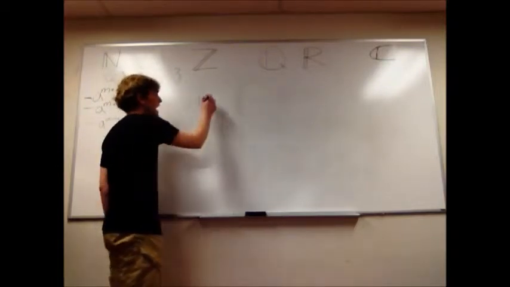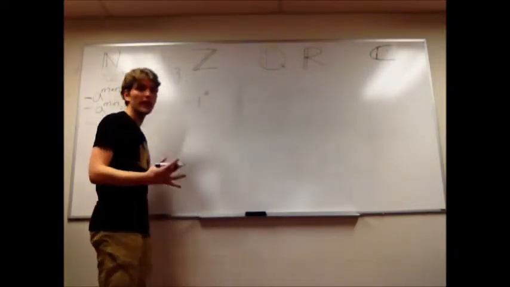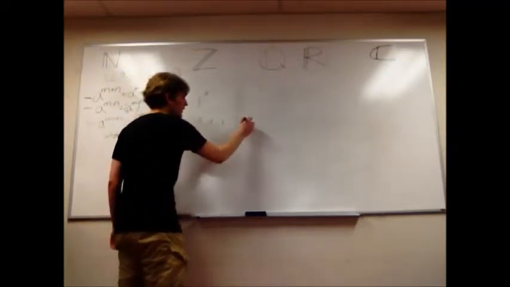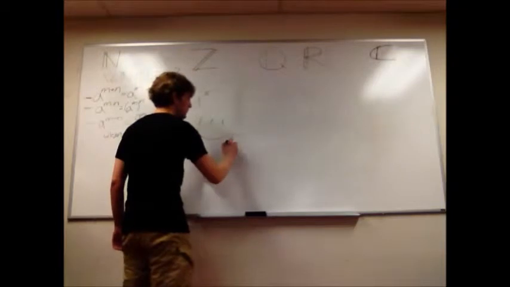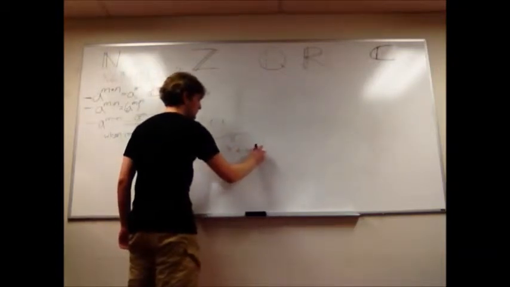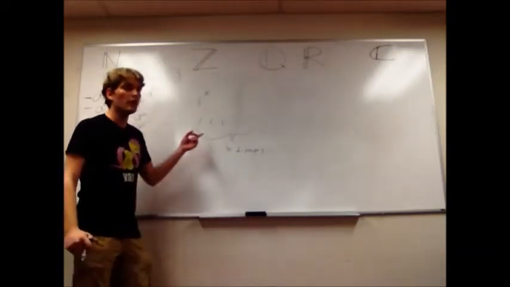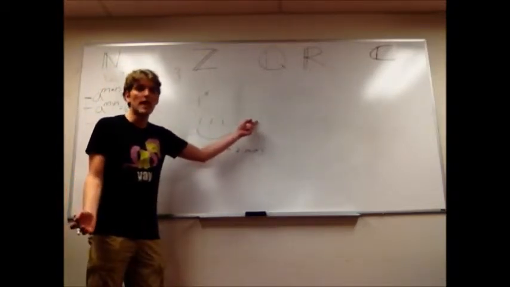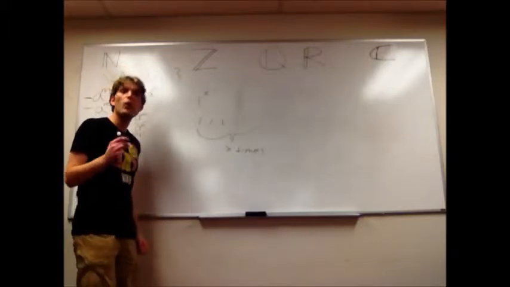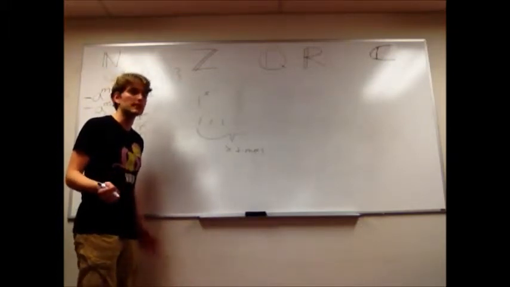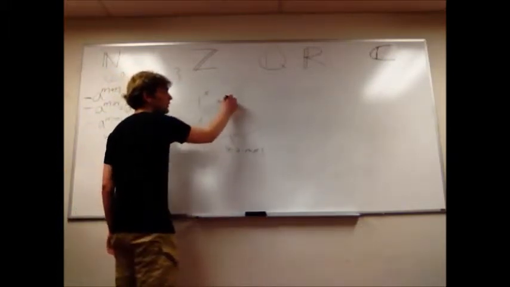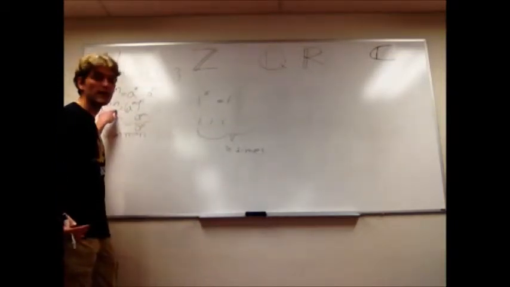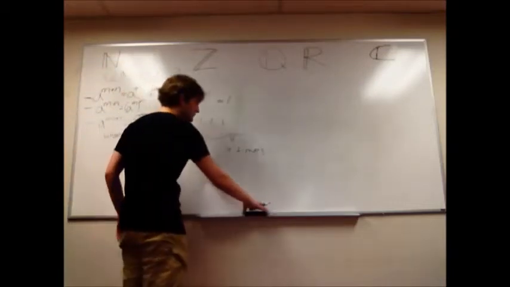If I raise 1 to any exponent, 1 to the x, it means 1 multiplied by itself x times. But we all know that 1 times anything is just itself, so 1 multiplied by itself any number of times is going to be 1. It doesn't matter what exponent you raise 1 to, it's just going to stay as 1. So 1 to the x just equals 1.